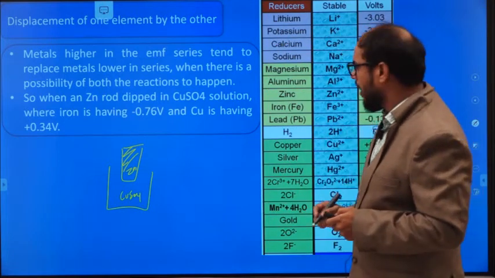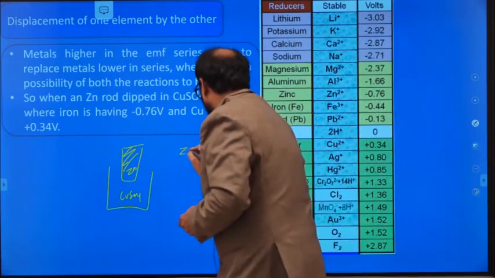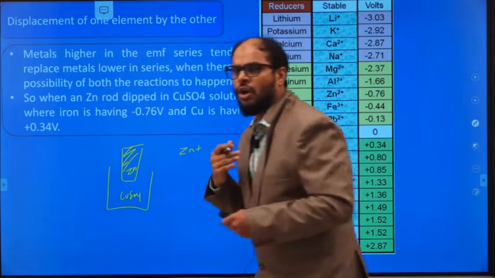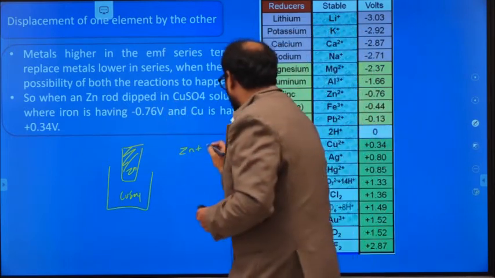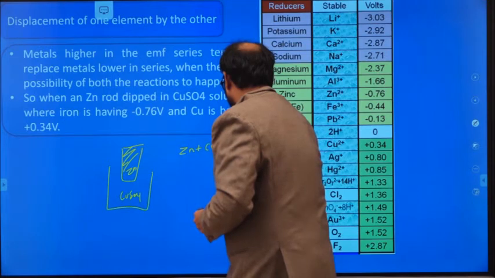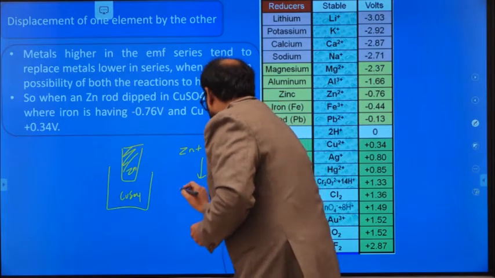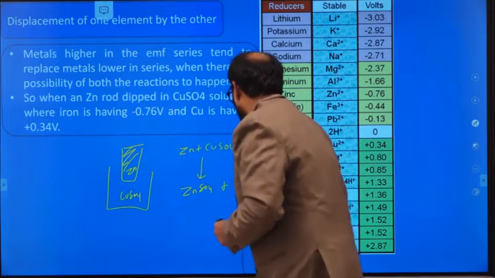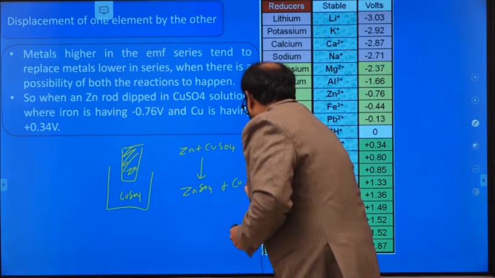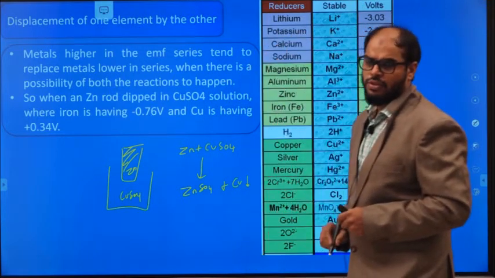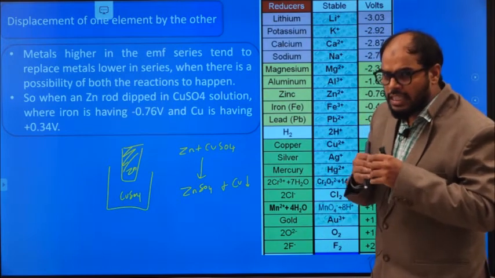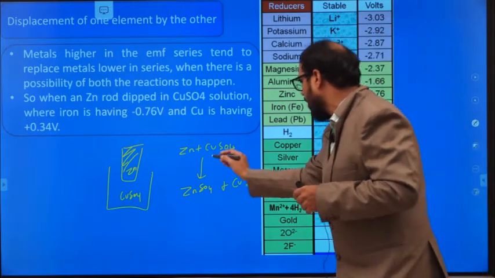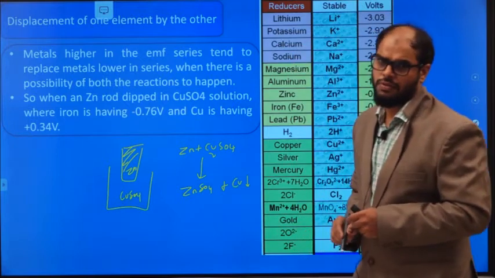In a displacement reaction, zinc will displace copper. If I write the reaction Zn plus CuSO4, ZnSO4 will form, precipitating copper. So zinc is displacing copper from its solution.